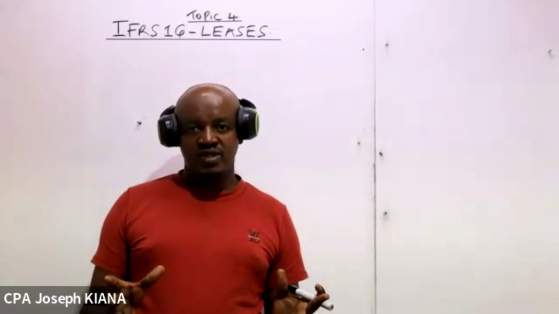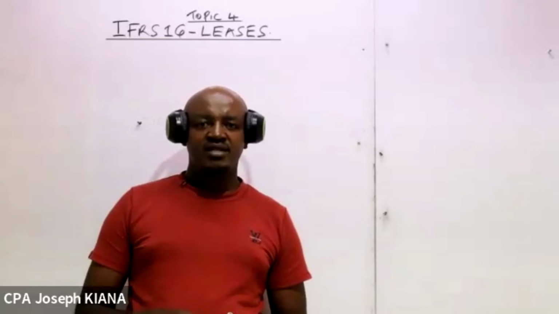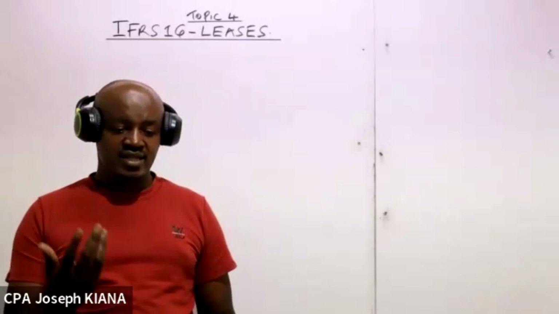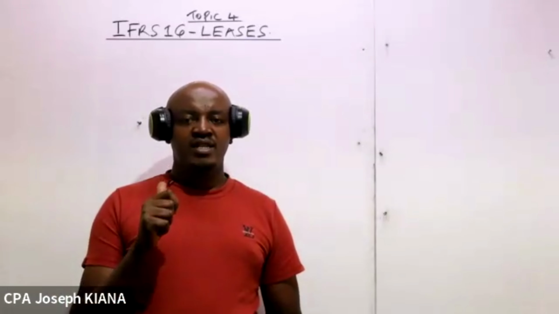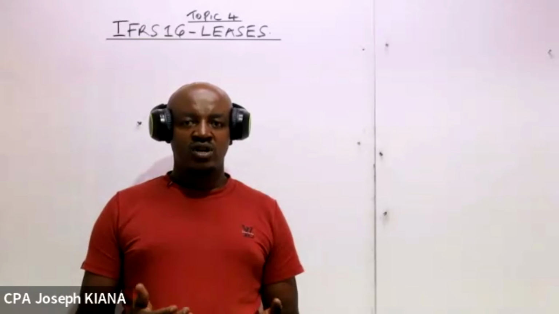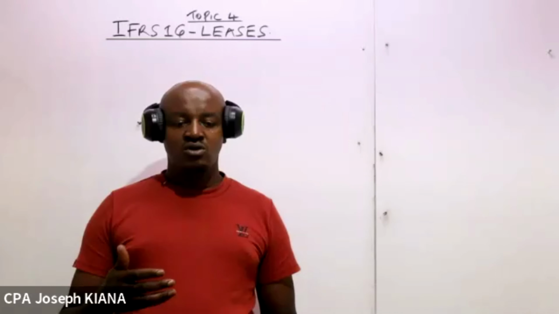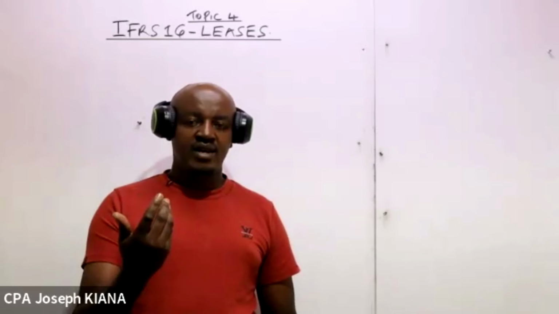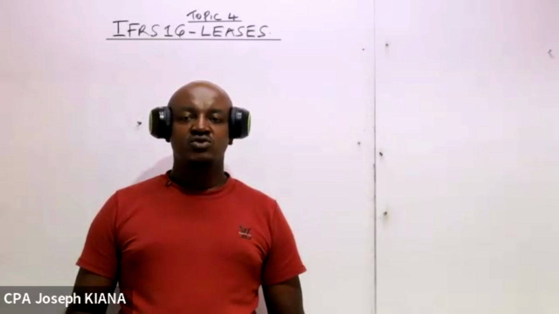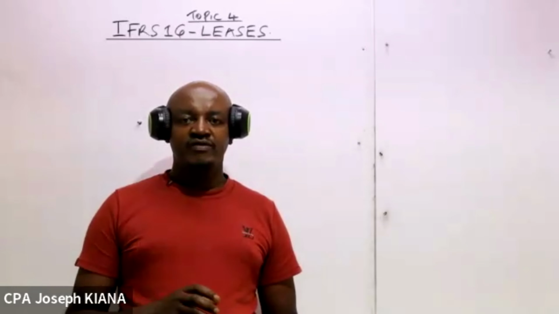But to start with, we need to define what is a lease. Generally, a lease is a contract, or basically an agreement, which is entered into between two parties. The first party here is called the owner of the asset, who is also known as the lessor, and basically who gives or conveys the right to another party to be able to use an asset which he owns for a given period of time.